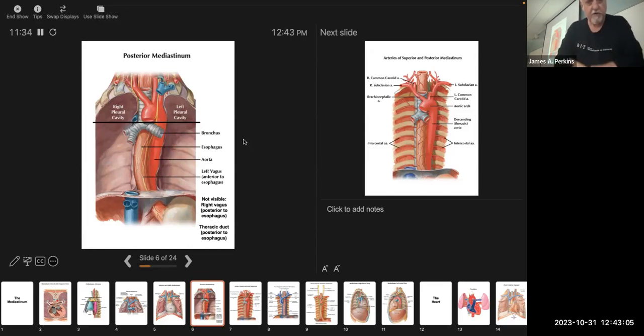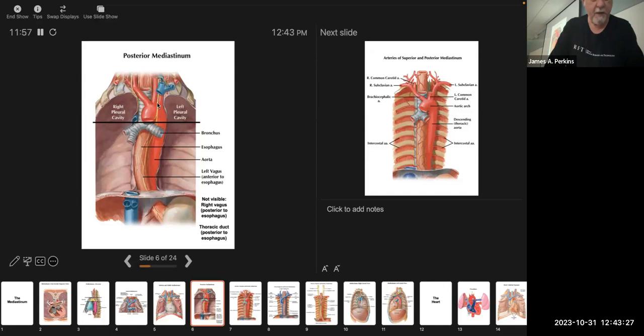The two vagus nerves are also traveling through the posterior mediastinum. After the vagus nerves give off their recurrent laryngeal nerves, they continue and travel with the esophagus, eventually piercing through the diaphragm to provide parasympathetic innervation to all of the abdominal organs. The left vagus is visible here.